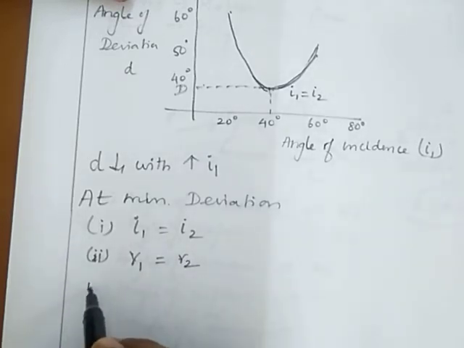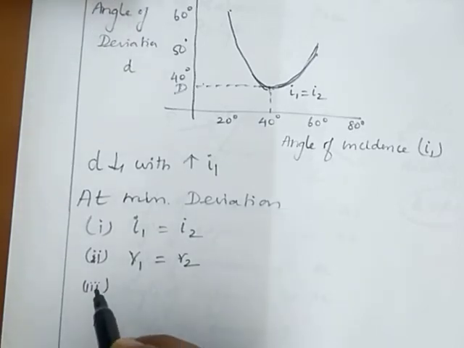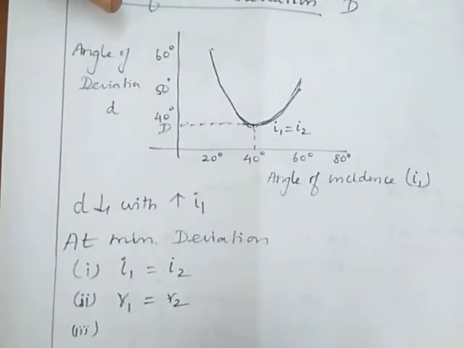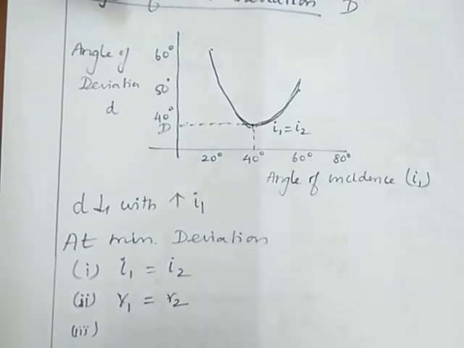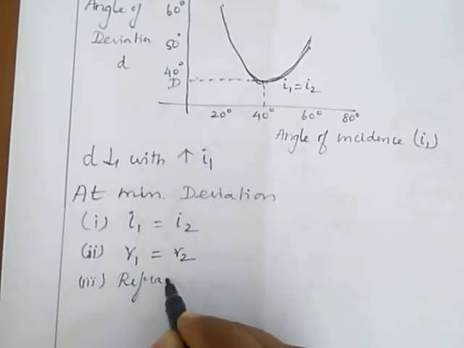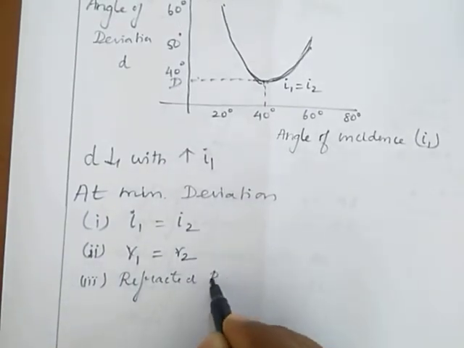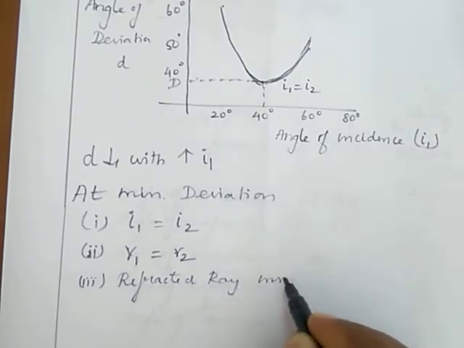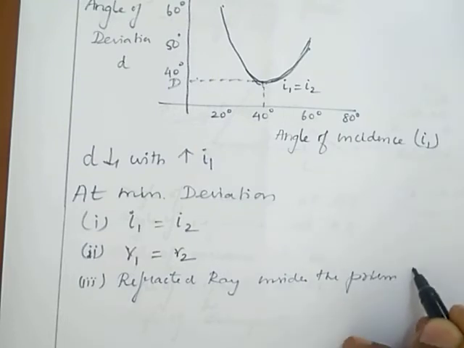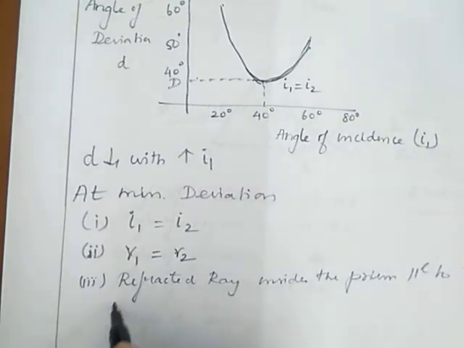Then the third thing is the refracted ray inside the prism travels parallel to the base of the prism.